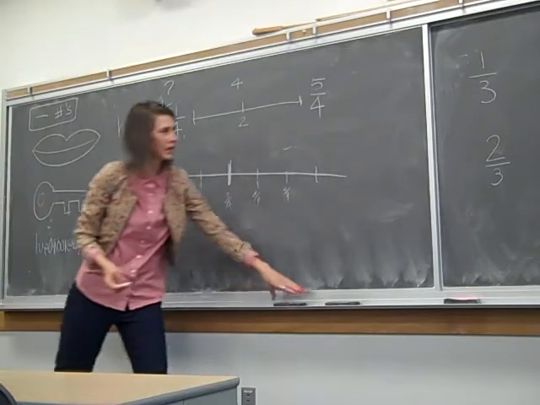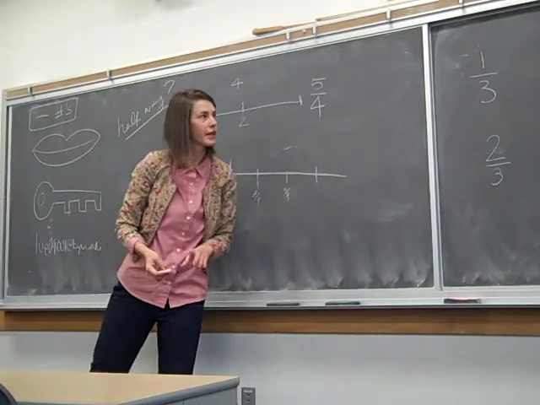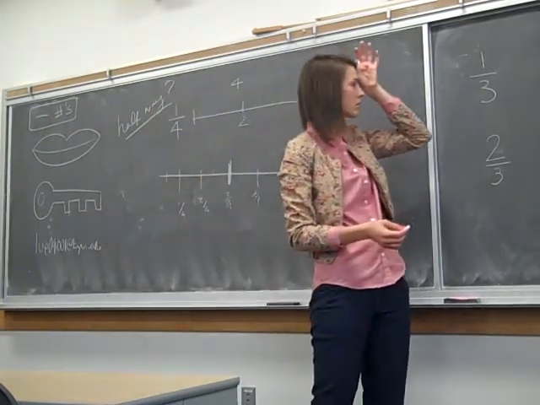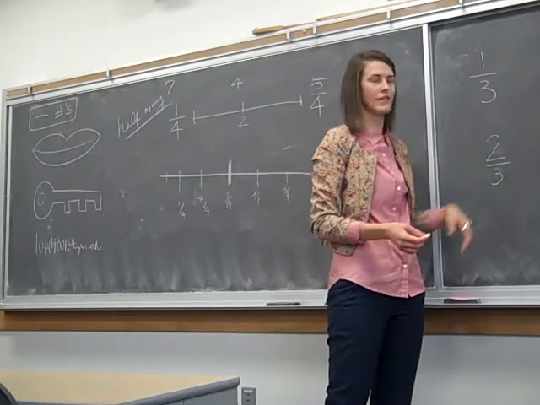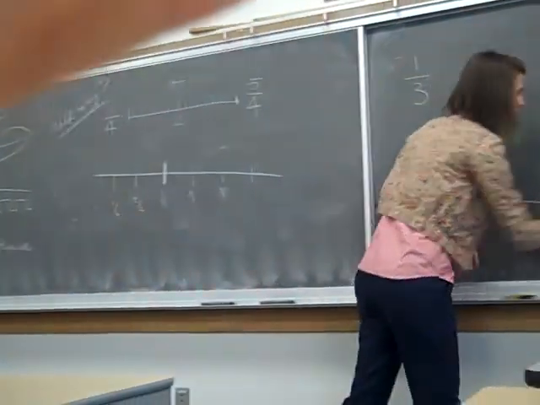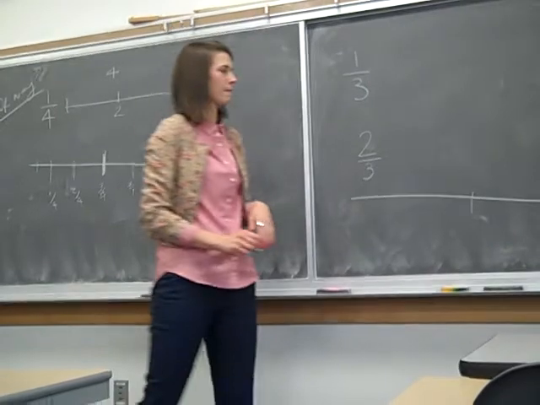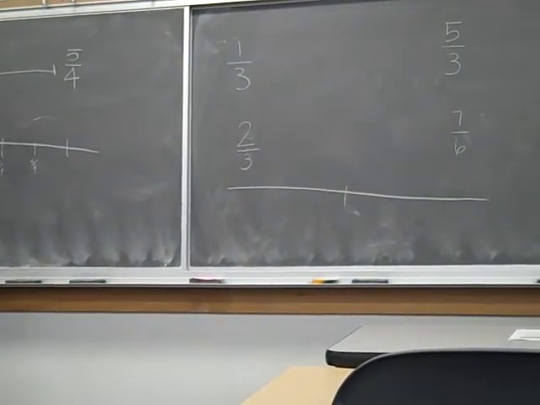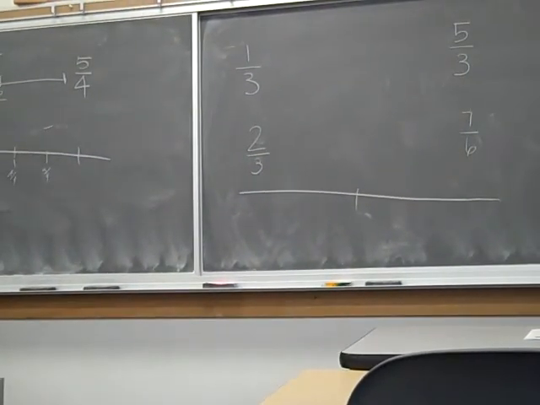So, how would you find the halfway point between 2/3 and 7/6? See if you can reason that out on a number line. They're different denominators. Maybe a little bit different.